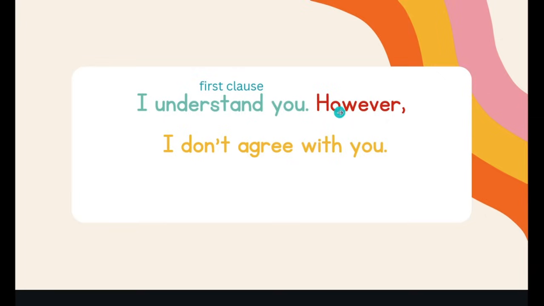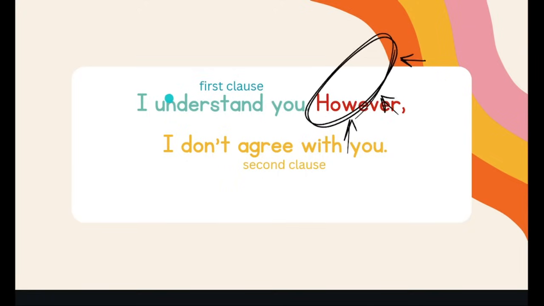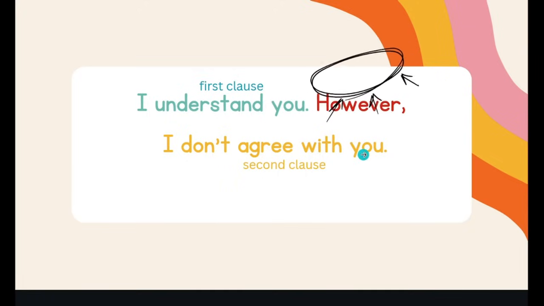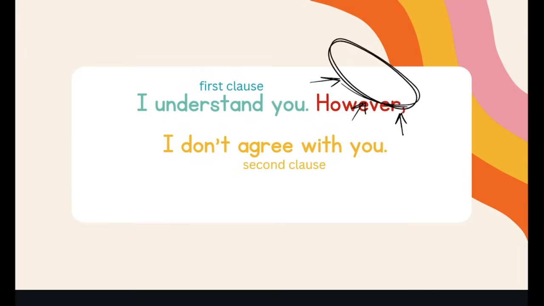The conjunctive adverb here is however, used to connect the first clause to the second clause, or the first sentence to the second sentence. So, I understand you, however, I don't agree with you.